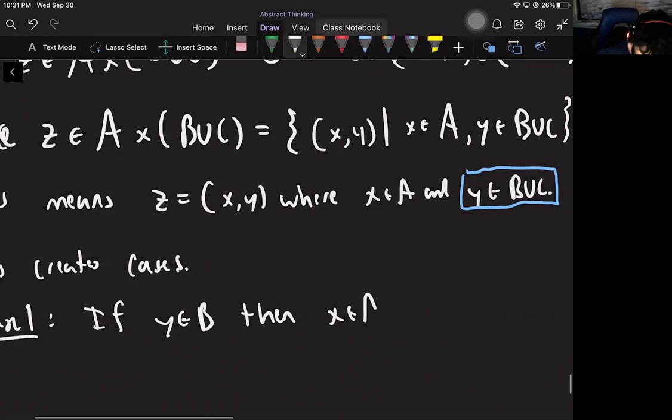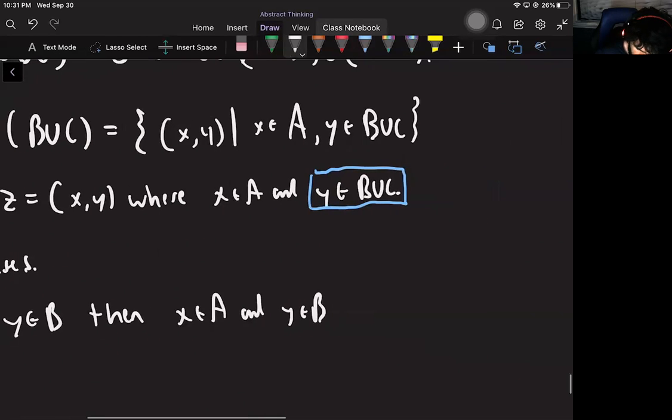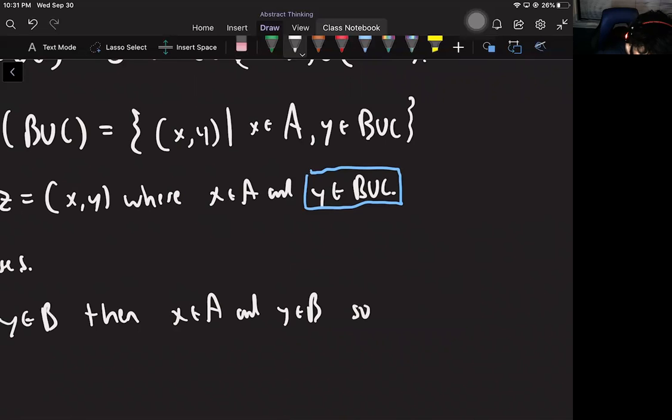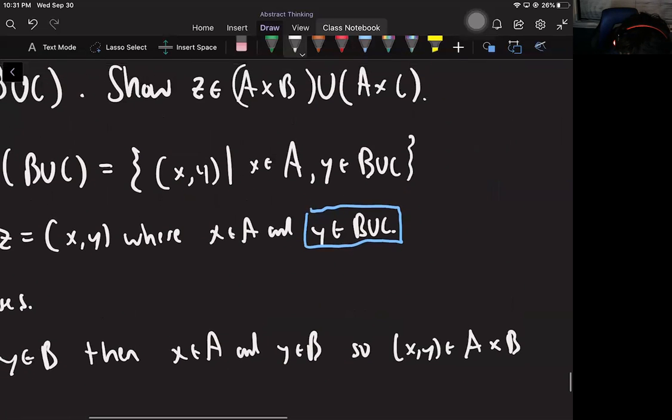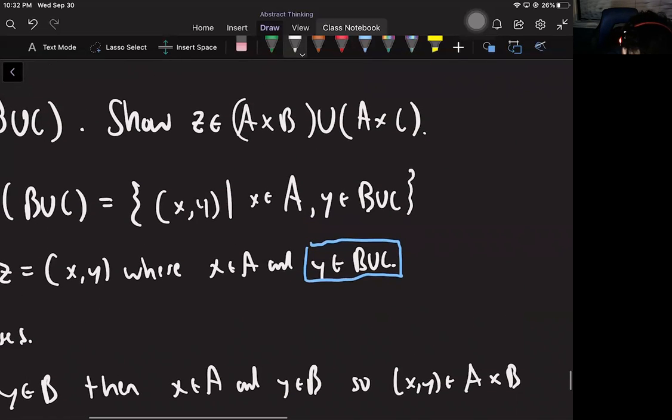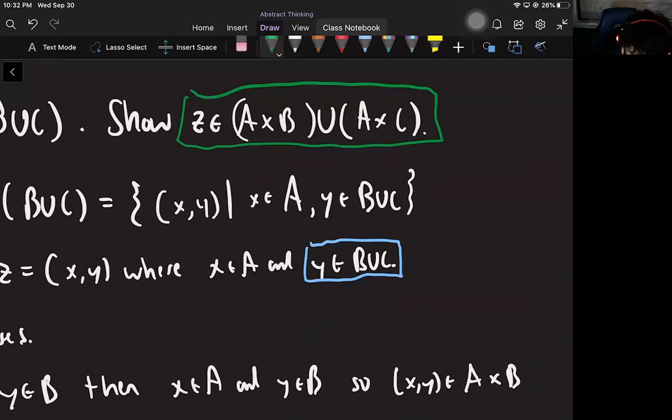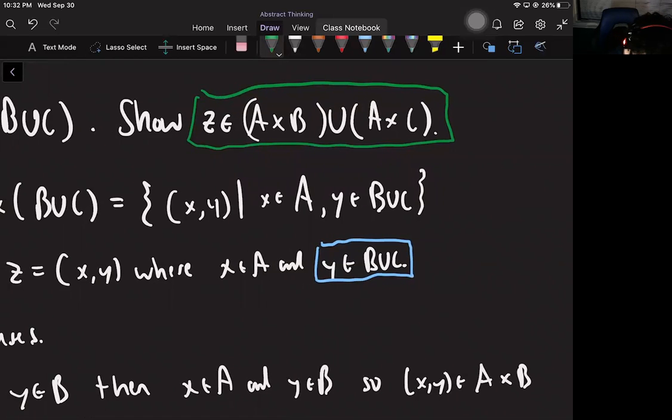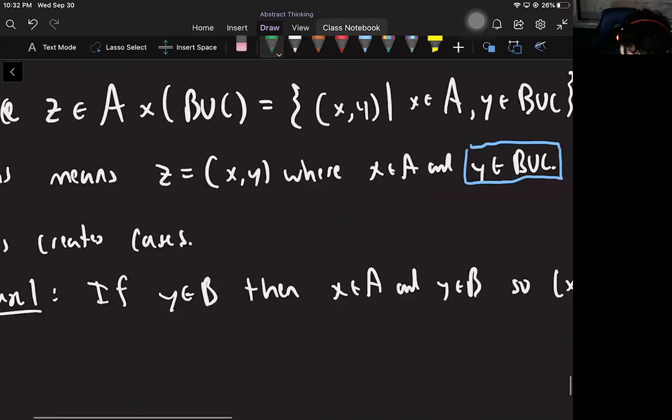Then I know X is in A and Y is in B. That means that the ordered pair is in A cross B. That's just the definition of ordered pairs. Is that good? Yeah, that's good, because what do I want to show? I want to show that Z, aka my ordered pair, is in a union of 2 things. That just means I need to show it's in one of them. Well, it looks to me like it's in this left one. So great. Let's write that down.